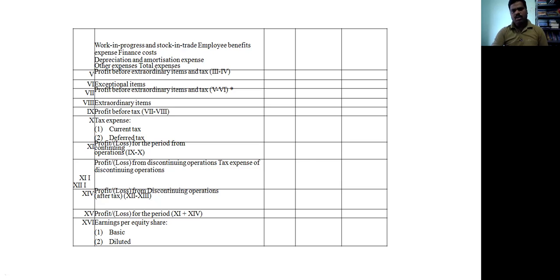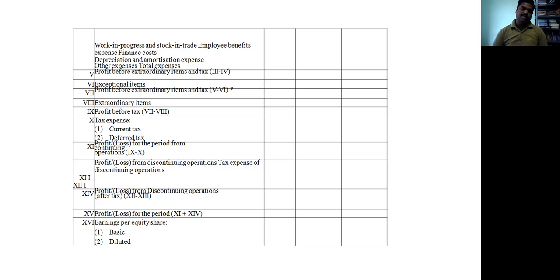While preparing this income statement, irrespective of the total schedules or notes, normally the trading and profit and loss account entirely belongs to the income statement.